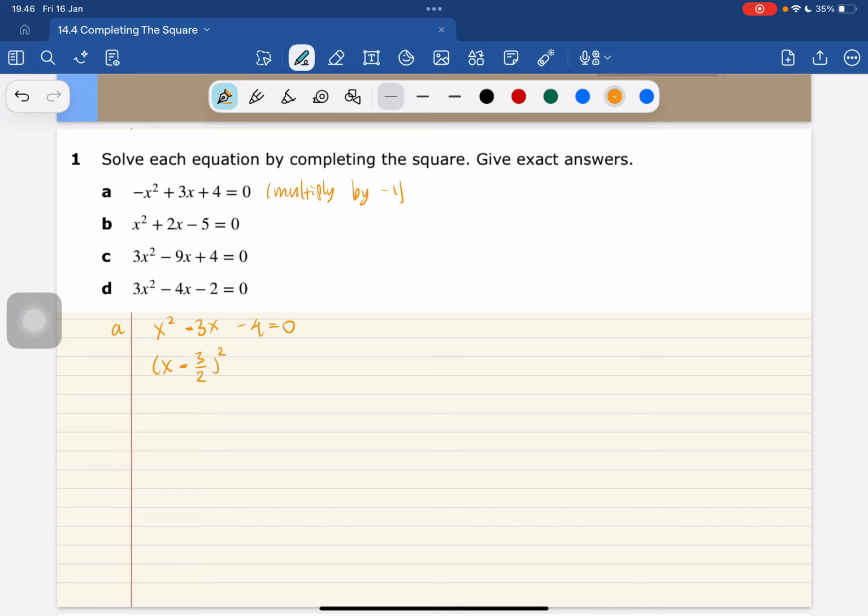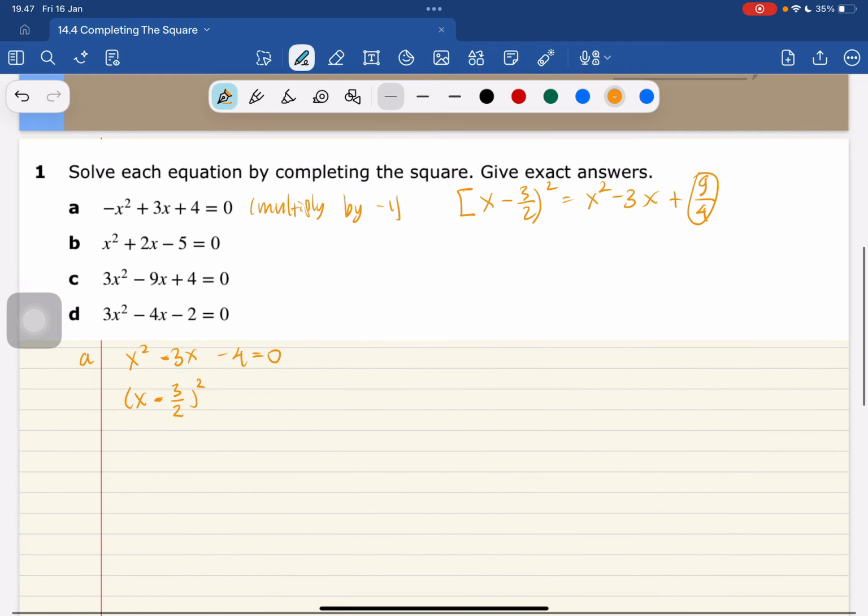When we expand x minus 3 over 2 squared, it's going to be x squared minus 3x plus 9 over 4. We don't want this 9 over 4, we need it to be minus 4.